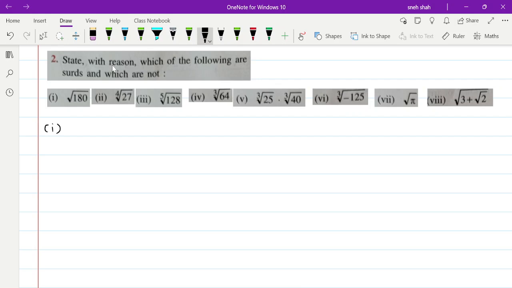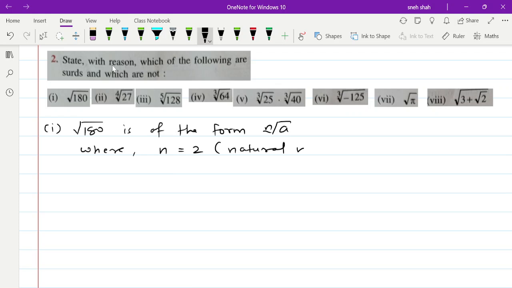In the first sub question, the given number is root of 180, which is of the form nth root of a, where n is 2 because the given number is under a square root, and that is the order.